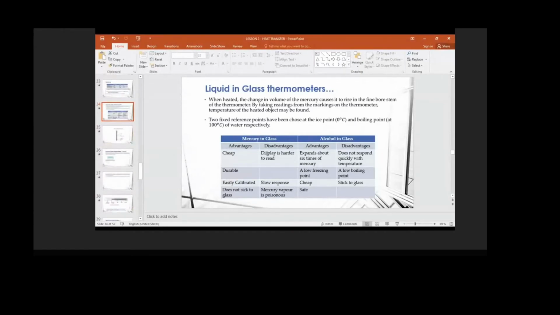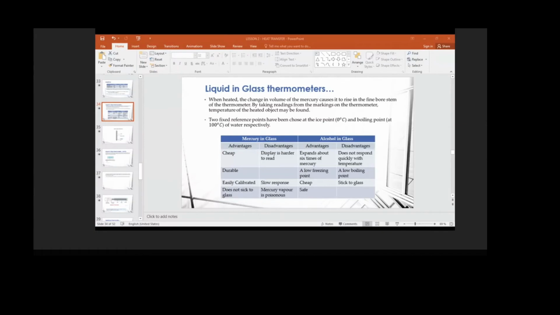The last thing is about thermometers, which most of it is just reading and stating why we need to use each one in different cases. Liquid in a glass thermometer is the first one that is required to know. The liquid in the glass could be mercury in glass or alcohol in glass. The mercury is the one that you use in your labs.